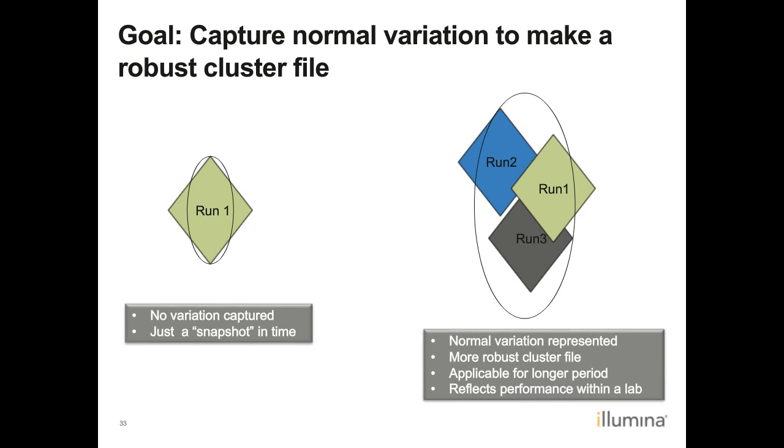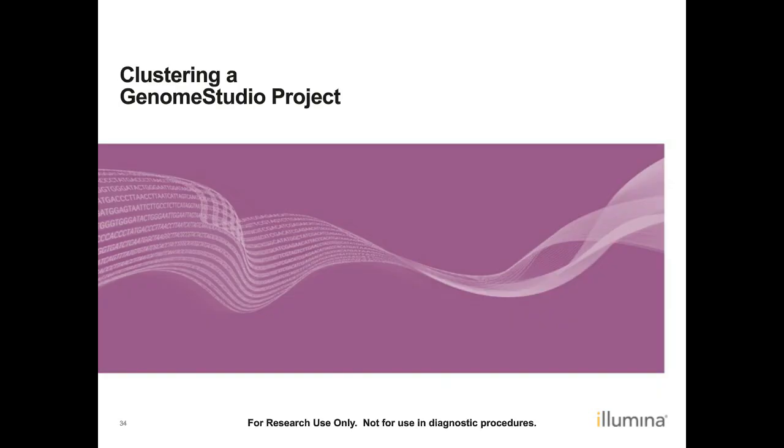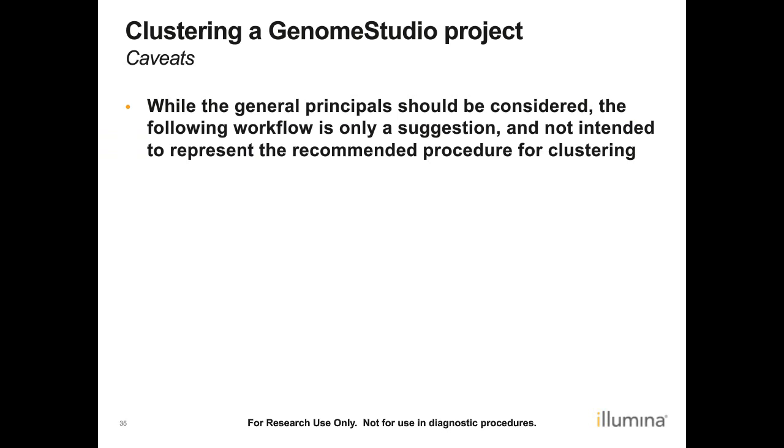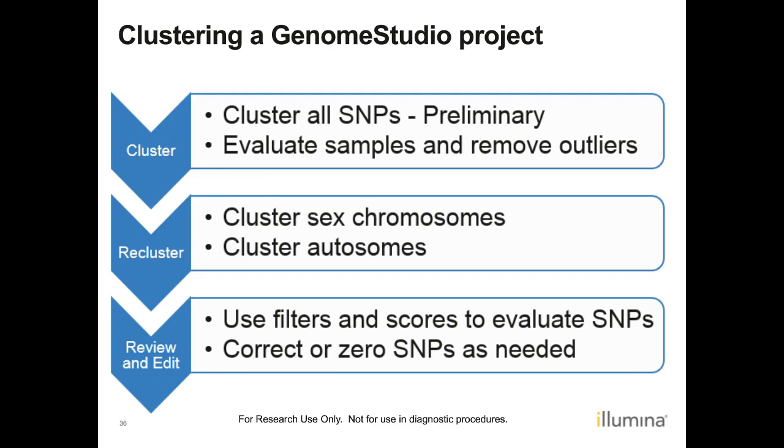All right? So how do you execute a clustering in GenomeStudio? Now, I'm going to present some general principles, and the workflow itself is only a suggestion, not intended to represent an absolute recommended procedure for clustering. But we do recommend that you carry out at least these general processes.